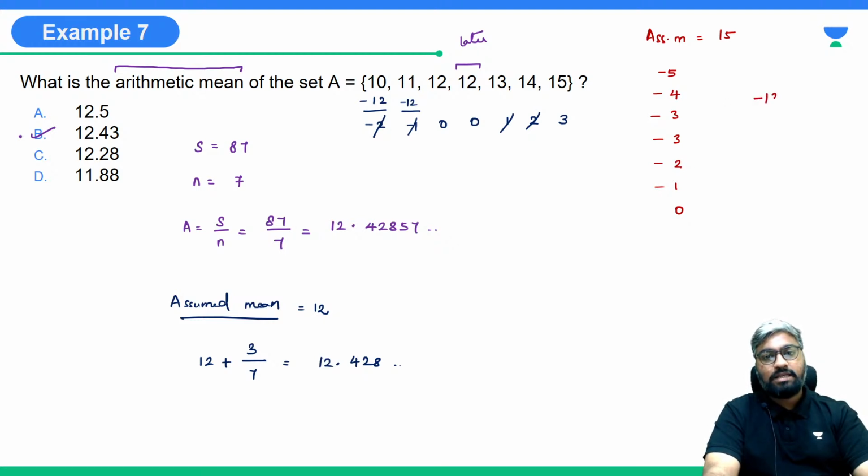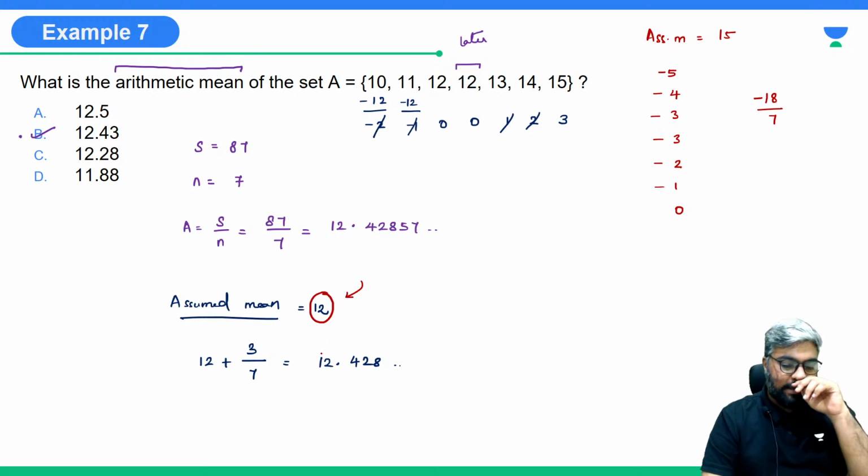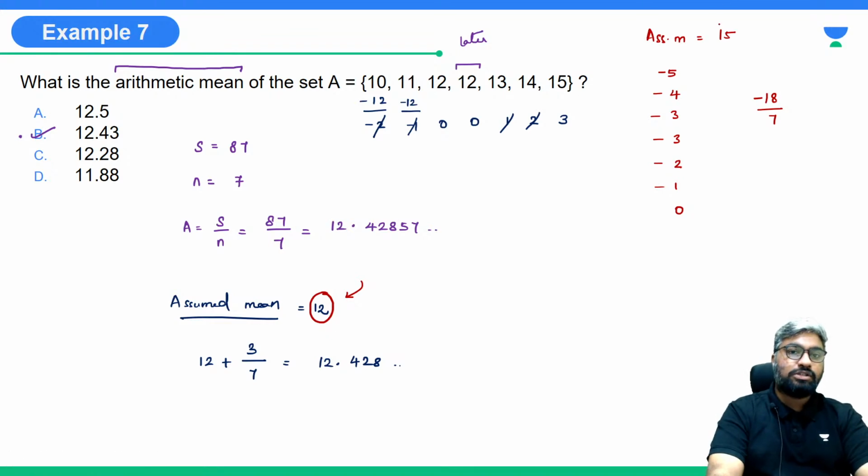So you have minus 18 divided by 7. आया समझ में? नहीं करण, if you choose the right kind of assumed mean, it's actually not lengthy. अगर सही तरीके का assumed mean आप select कर लो तो actual में lengthy नहीं है, थोड़ा सा easy कर देता है. It all depends upon what you are assuming as the assumed mean. अपन ने assumed mean अगर 15 लेते तो we'd have to sit and do all of this. Okay?